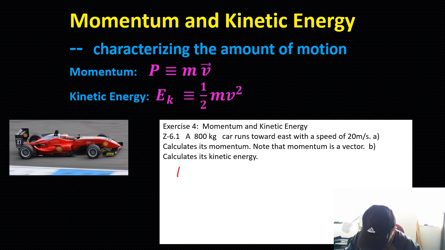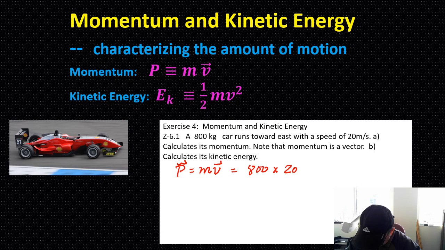Momentum, which is a vector, equals mass times the velocity, which is a vector. So in this case, 800 times 20 meters per second, and to the east.